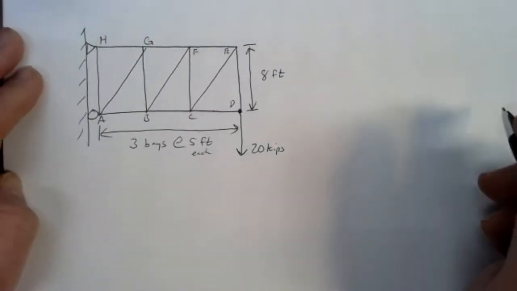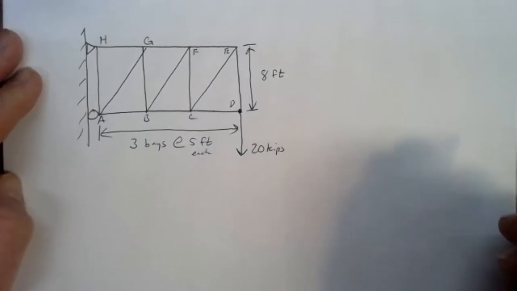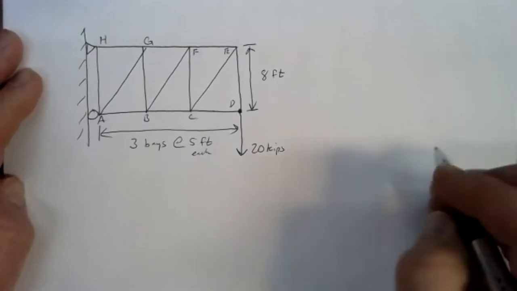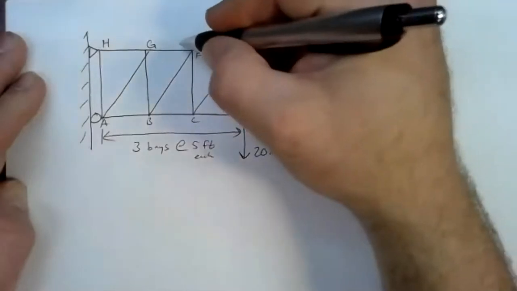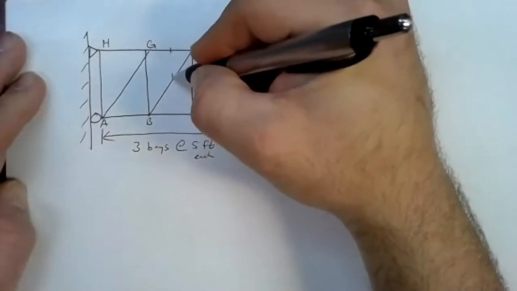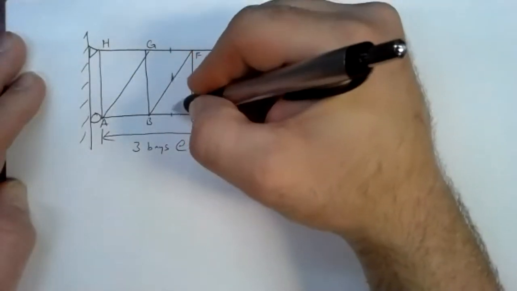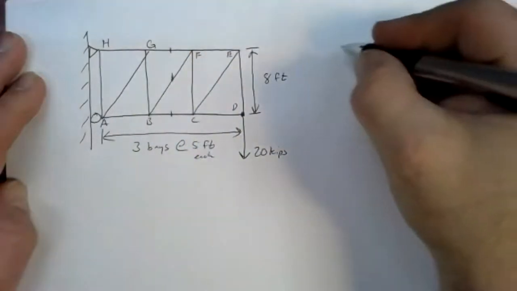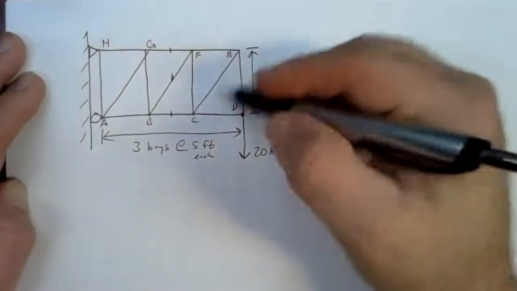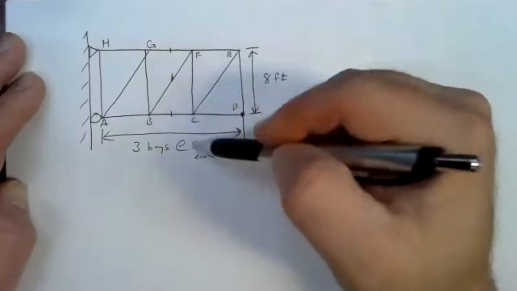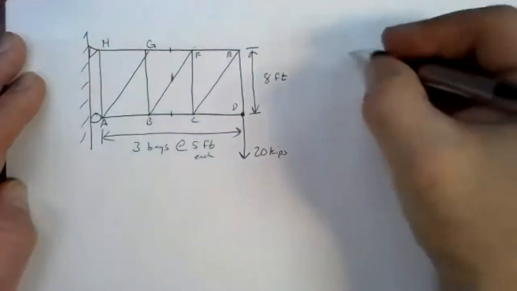And for this one here, let's find out what's going on right in the middle of the truss. So we'll look at what's going on in these three members right there. So we want to find members BC, BF, and FG.